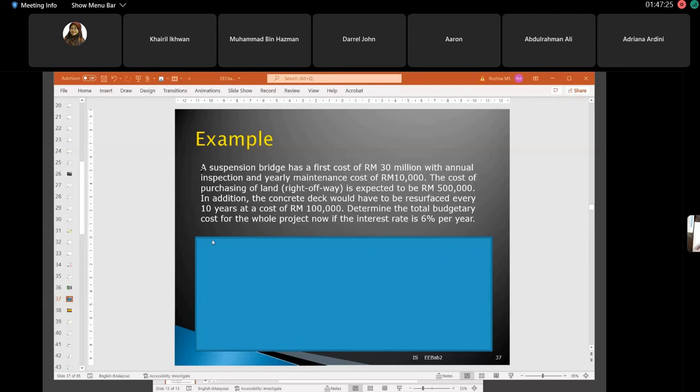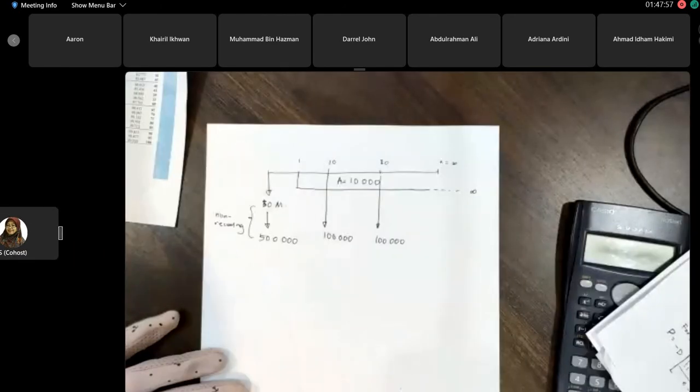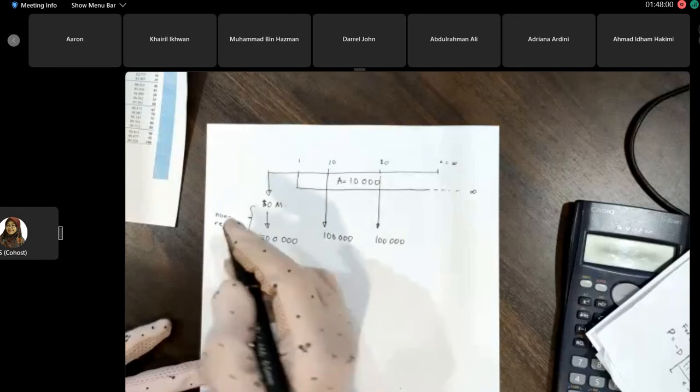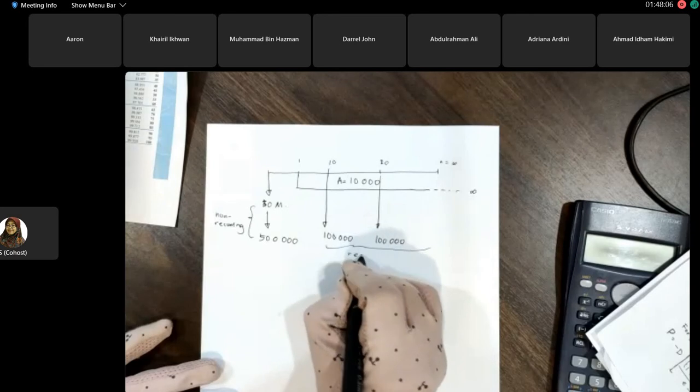Determine the total budgetary cost for the whole project if the interest rate is 6%. So this is how you draw the cash flow. And these two are non-recurring, not repeating items. This one is non-recurring. And then this one, we have recurring.